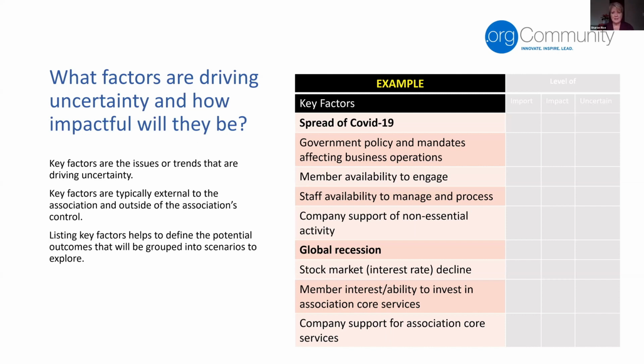That may be less likely right now with the uncertainty. And so if member support starts to wane for association activities, companies are saying, right now we're cutting these education budgets, or conference budgets, or engagement membership budgets. That's going to be a driver on you as well.